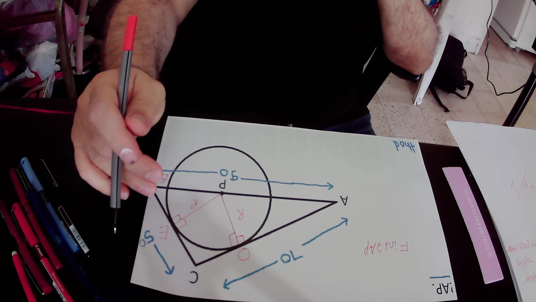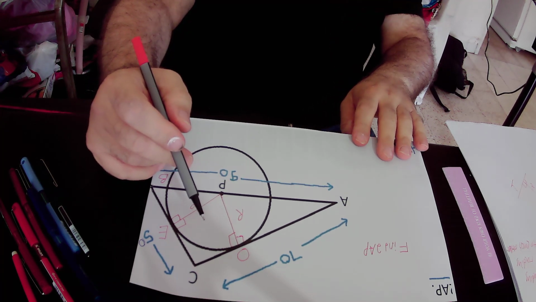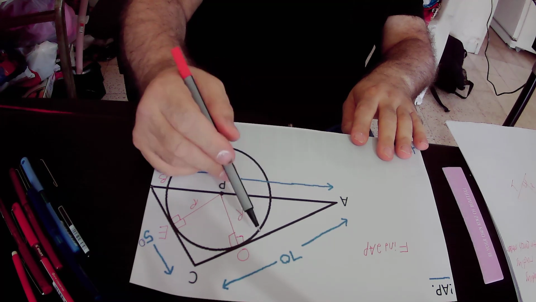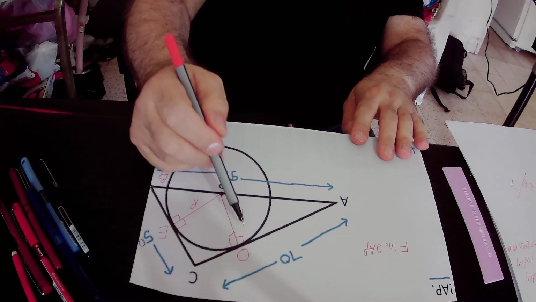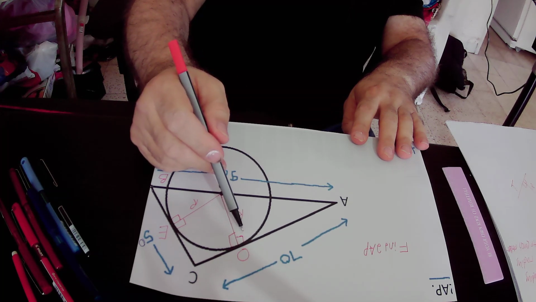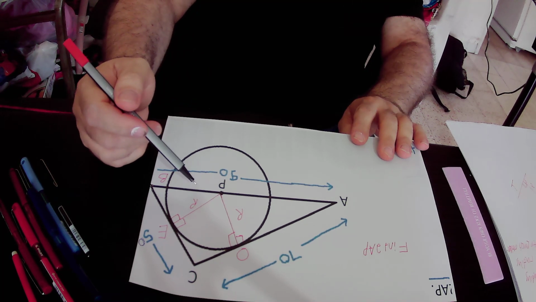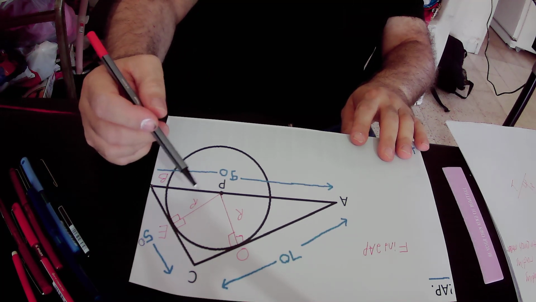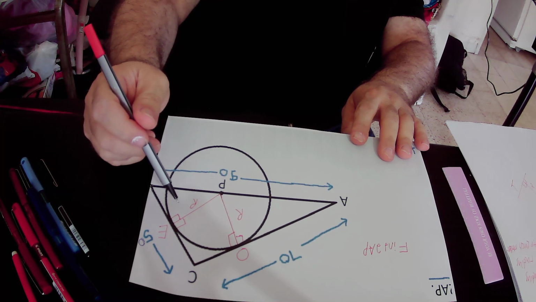So we actually created here two right triangles, because triangle AOP has one angle, that is POA, that equals 90 degrees. For that reason, triangle AOP is a right triangle, and also triangle PEB has angle PEB that is 90 degrees.